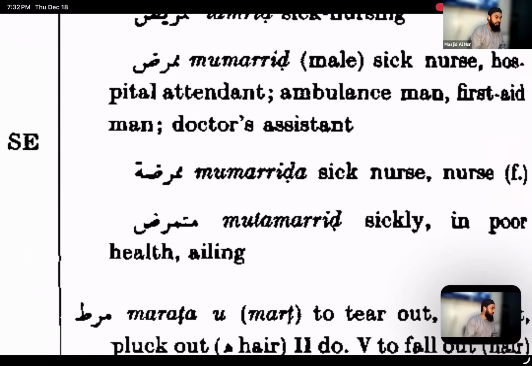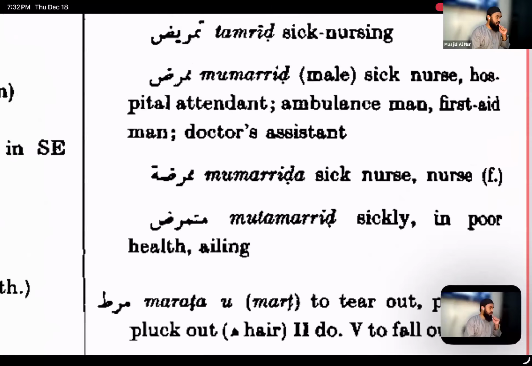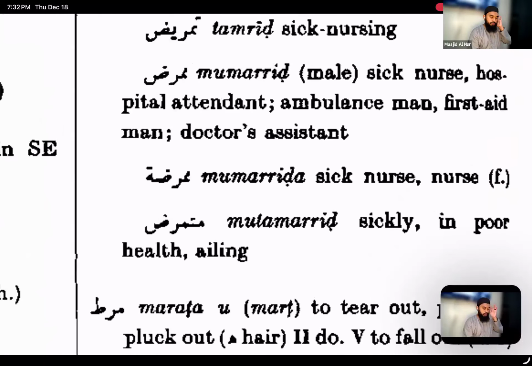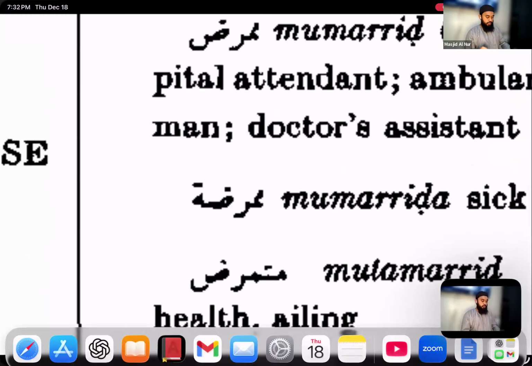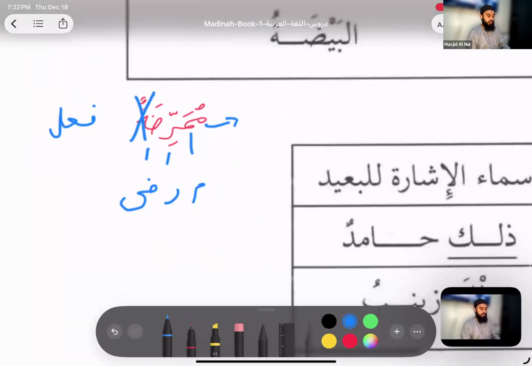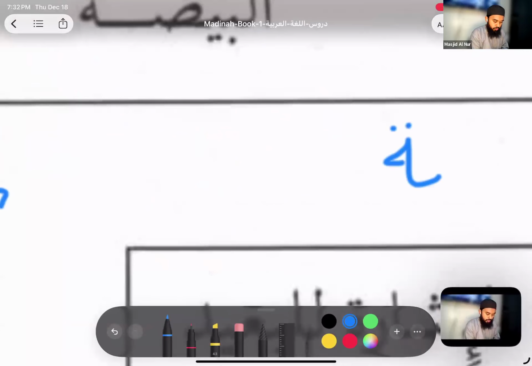Now let me give you guys a shortcut. General rule in Arabic. It's a shortcut, okay? Who can tell me the shortcut? Whenever you see a word with a ta marbuta and it's an attribute to a woman, tabiba, female doctor, mumarrida, nurse, muhandisa, female engineer, mudarrisa, female teacher, what's the fastest way to make this word into a plural word?